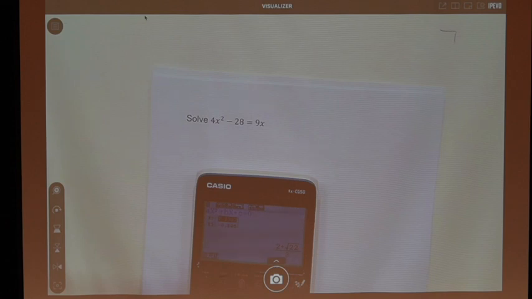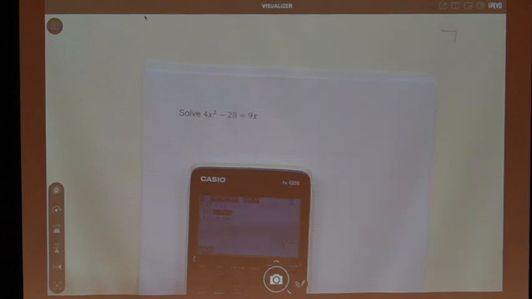Again, if you use the GDC to solve it, you have to rearrange it first. I'm sorry, this is year 9 stuff. I strongly believe all my students know it. Yes, -9x, excellent.